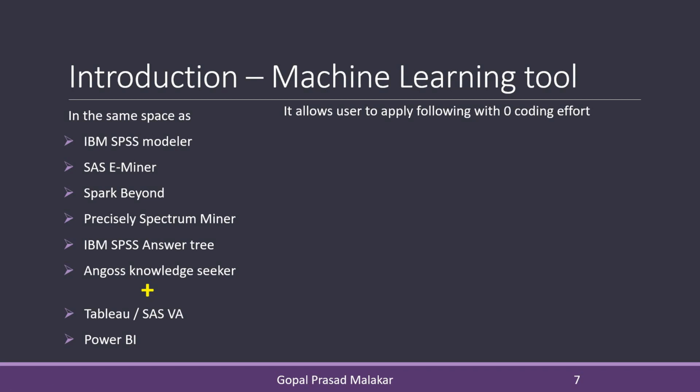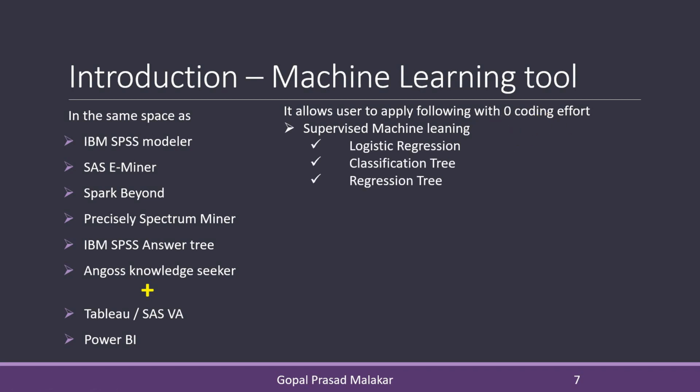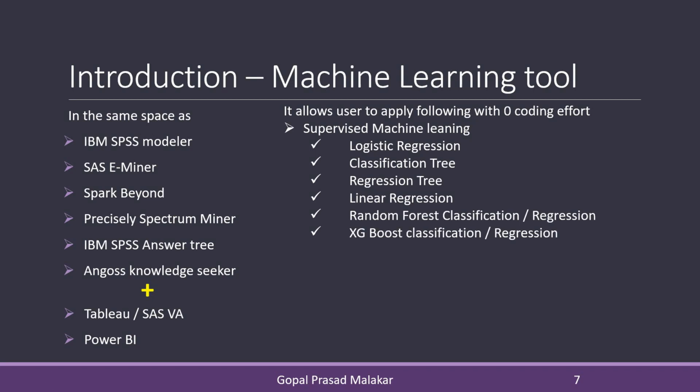So it allows users to apply the following machine learning algorithms with zero coding, no coding effort at all. In supervised machine learning, it has these 6 techniques. And if you look, these are two parts of the same technique. These probably capture almost all the requirements pertaining to supervised machine learning.